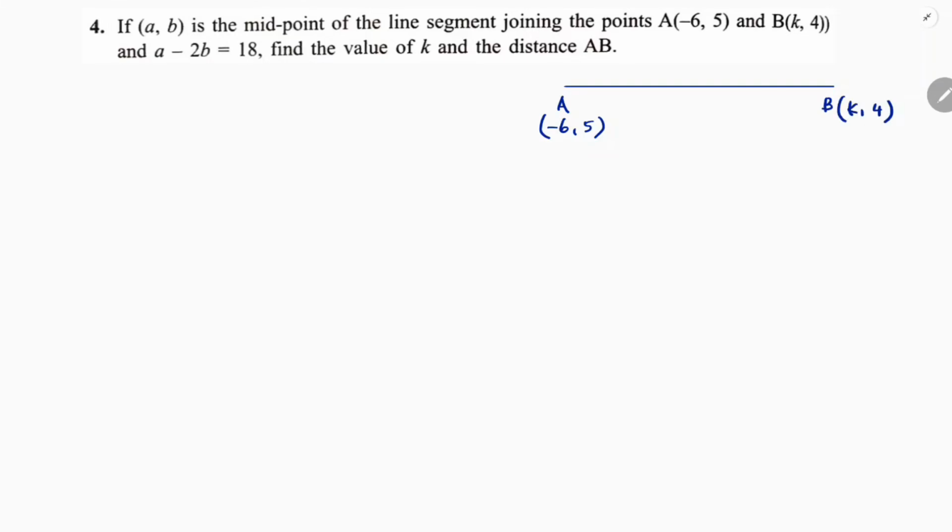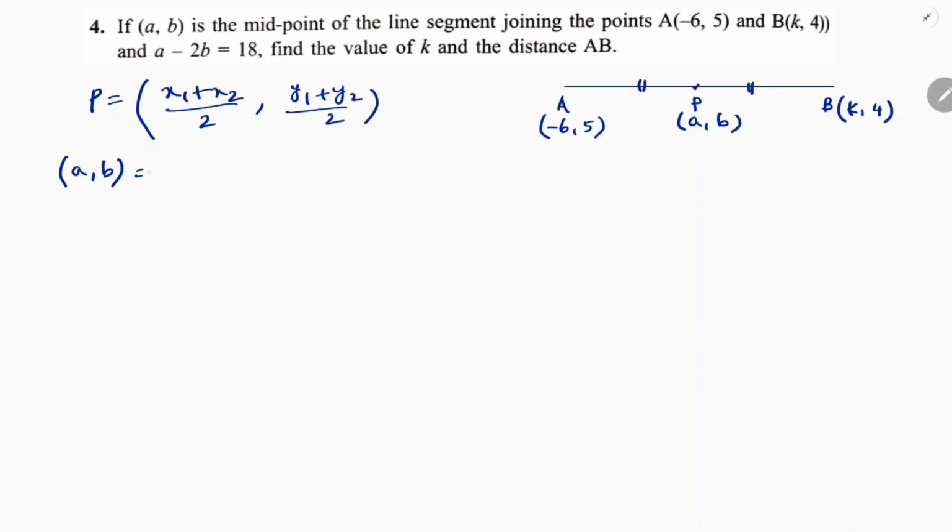Now the midpoint I'll consider as P, (a, b), the midpoint of AB. So P is ((x1 plus x2) by 2, (y1 plus y2) by 2). So P is (a, b).